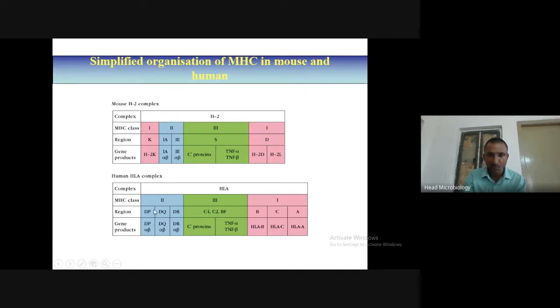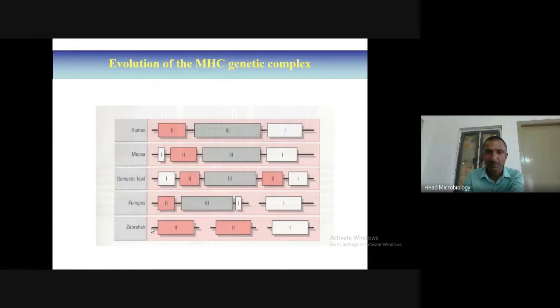In gene product, HLA in major histocompatibility 1 is HLA-B, HLA-C and A, and MHC class 2 is alpha, beta, alpha, beta.